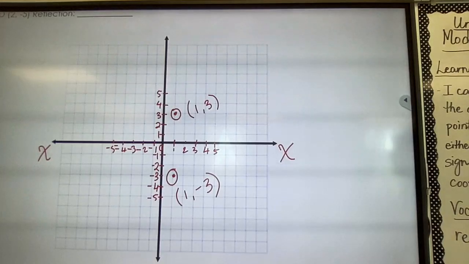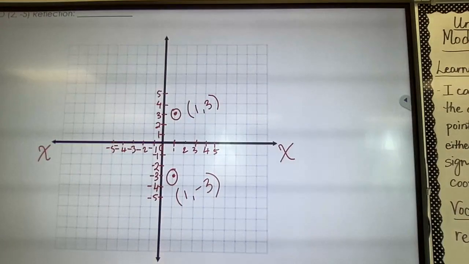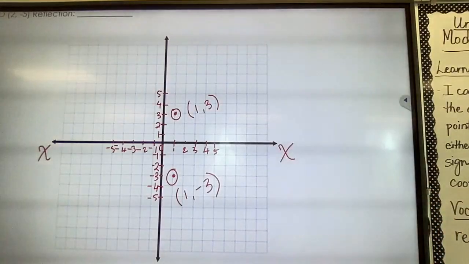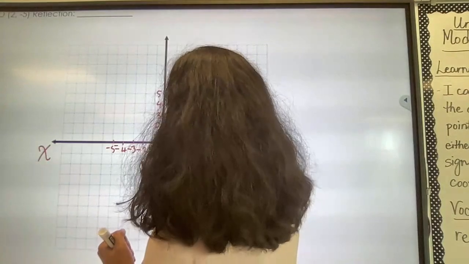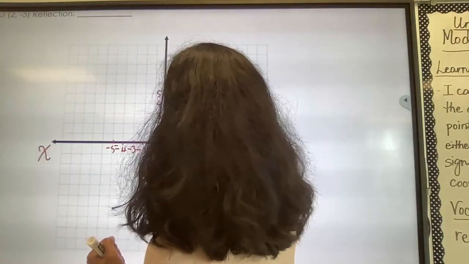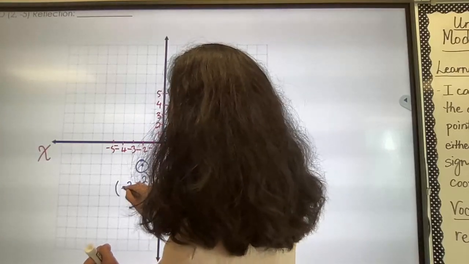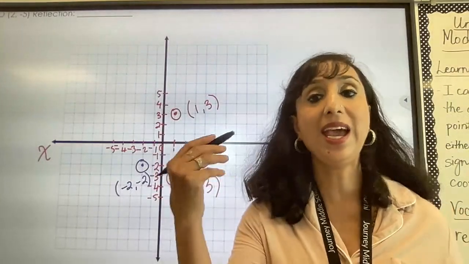So let's do another point, and I'm going to use a different color so you can see. All right. So if I give you a point which is -2, -2. All right. So if I have -2 here, here's -2, right? So this is -2 and -2. And it's asking me to reflect it on the x-axis.